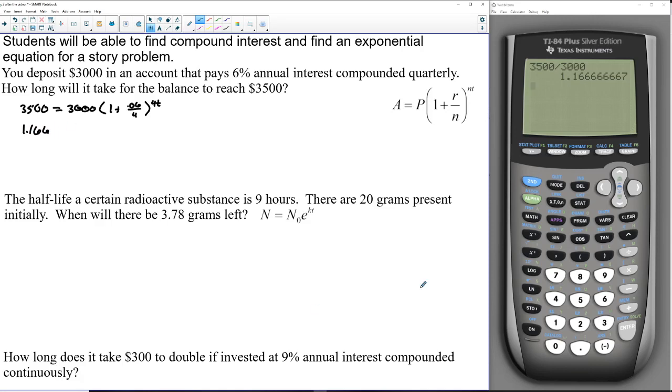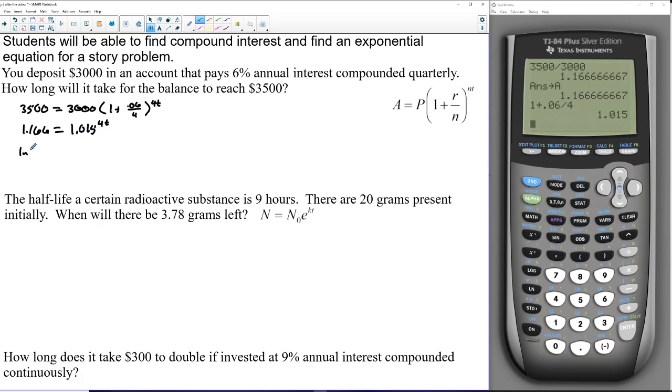Let's store that into A. Enter. Now let's take 1 plus 0.06 divided by 4. We get 1.015, and that's now to the 4t.